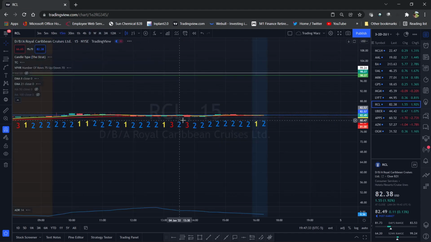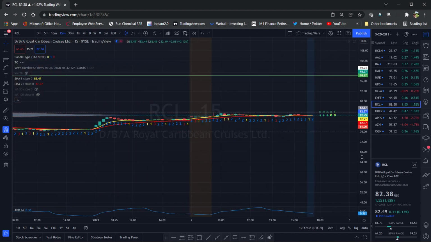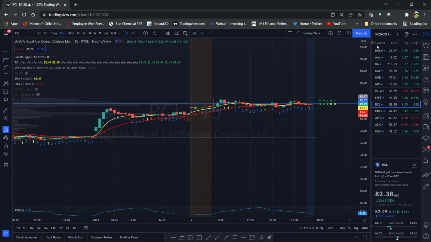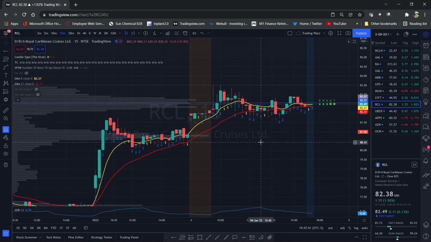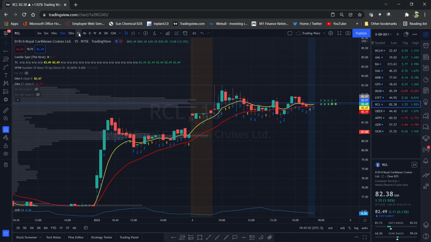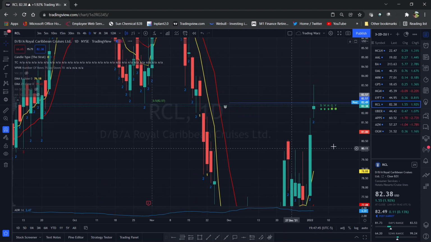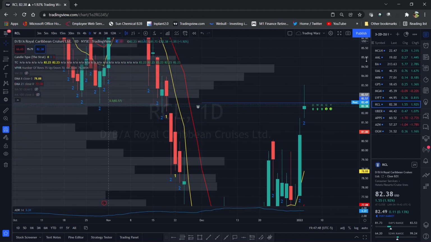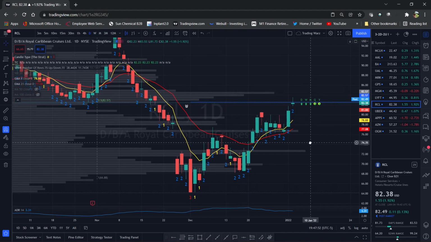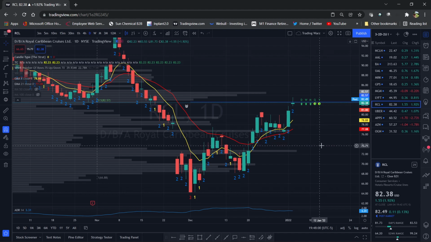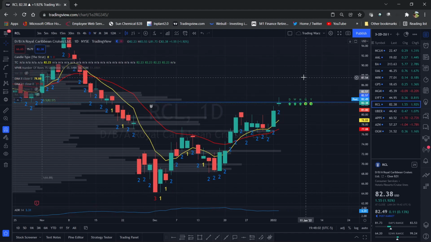I'm not exactly sure what time I entered. Let me go back to the daily. But it did trigger, and I think I took positions in March on this one as well. But again, I'll post them tomorrow, guys. I'll let you know what I took.